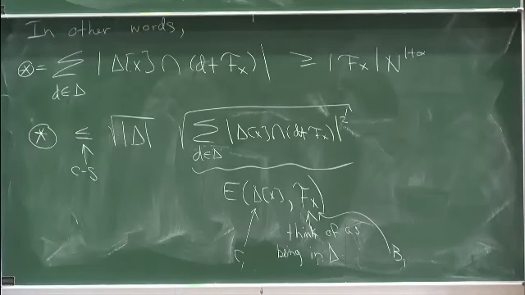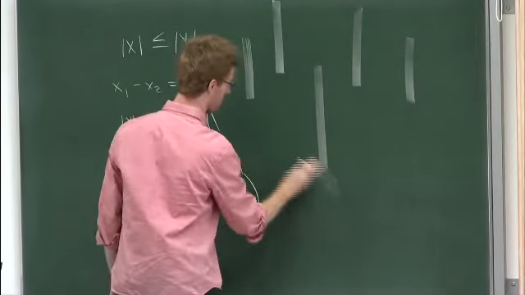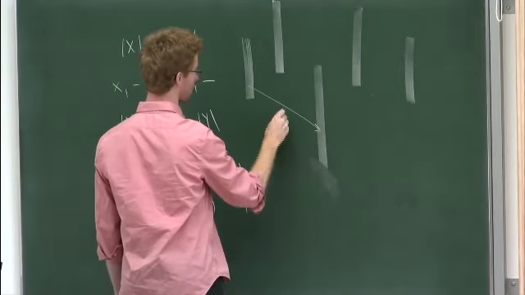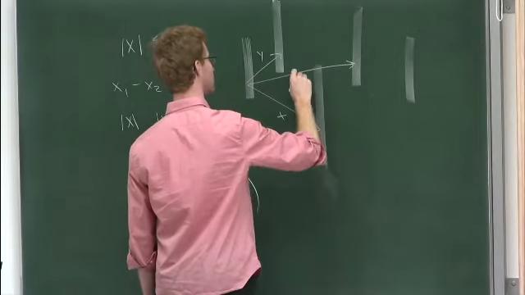So here's a picture of the alpha equals 0 case. I have a subspace that gets translated around at random. So here's some x, and here's some y, here's a z.